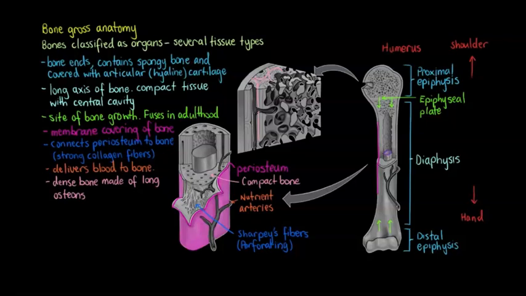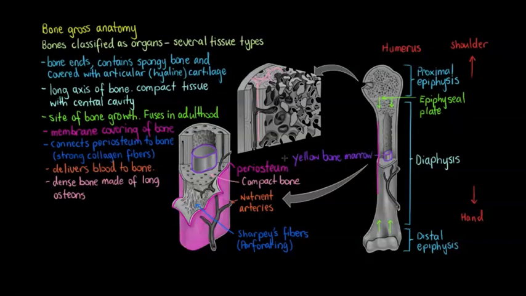So I've said that we have this middle portion that's a central cavity in the diaphysis. And I'm just outlining this structure that we see in the middle here because it's going to be the next thing that we'll look at. There's absolutely no point in having empty space in the body, so we use those central cavities of the bone to store yellow bone marrow.